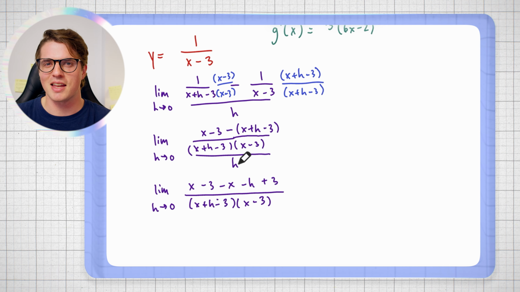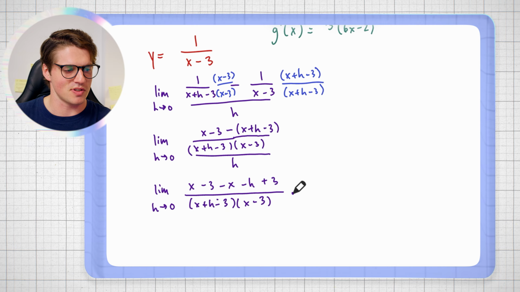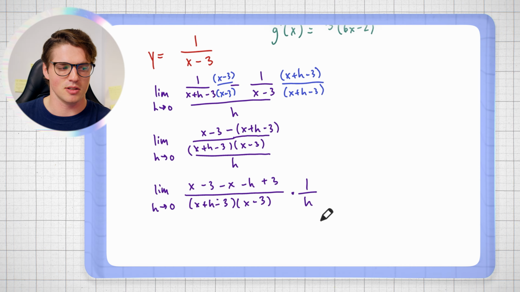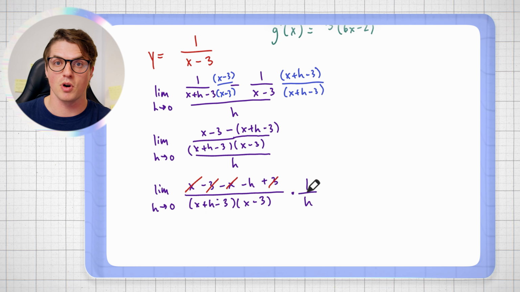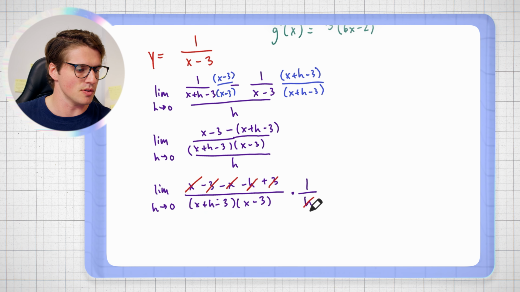And I'm actually going to bring that divided by h up. So it's times 1 divided by h, just to save some space. Okay, canceling, cancel, cancel, cancel. We have negative h over all of this times 1 over h. So those h's will cancel.